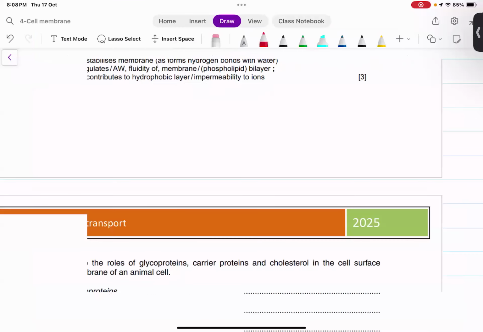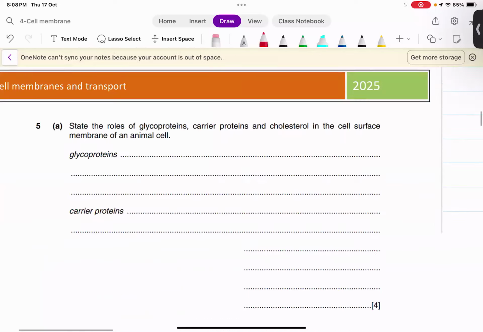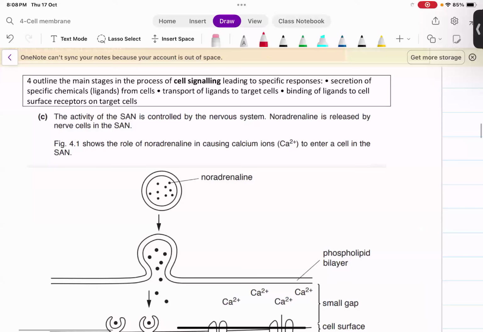Today we'll discuss transport of materials across a cell surface membrane. Then later we'll discuss cell signaling.